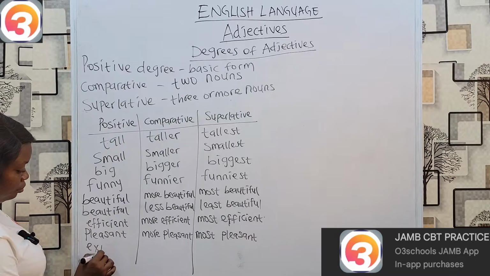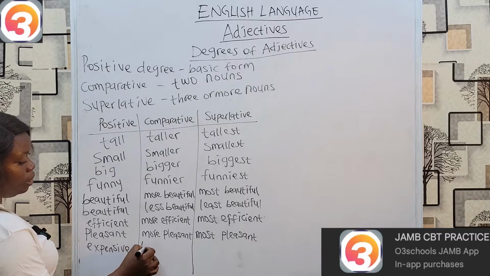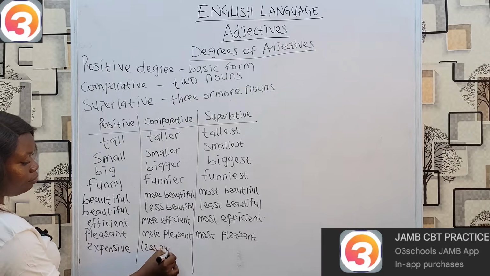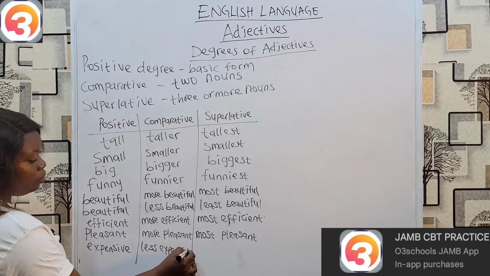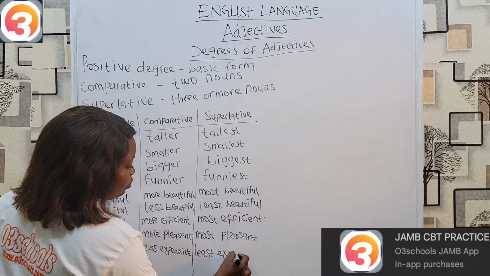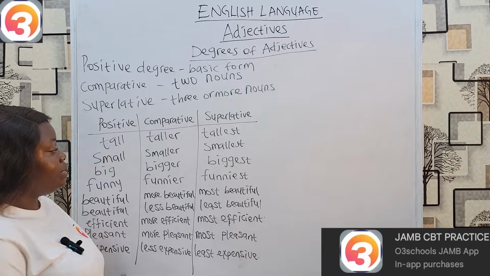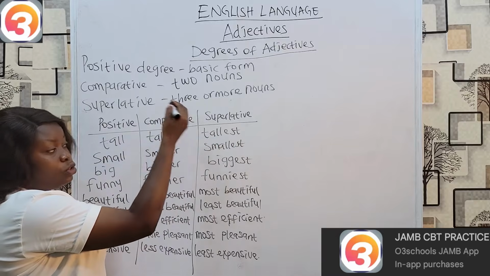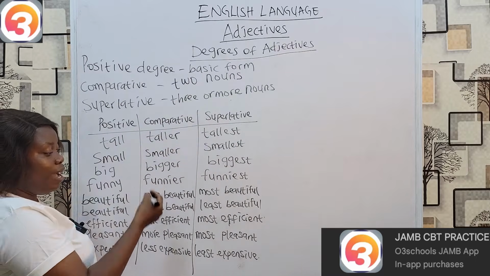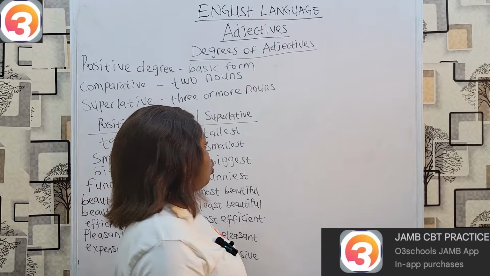Expensive, let's say less expensive, least expensive. So for some adjectives, you're either adding er and est to get the comparative and superlative, or you add more, most. For some other adjectives, they change completely.